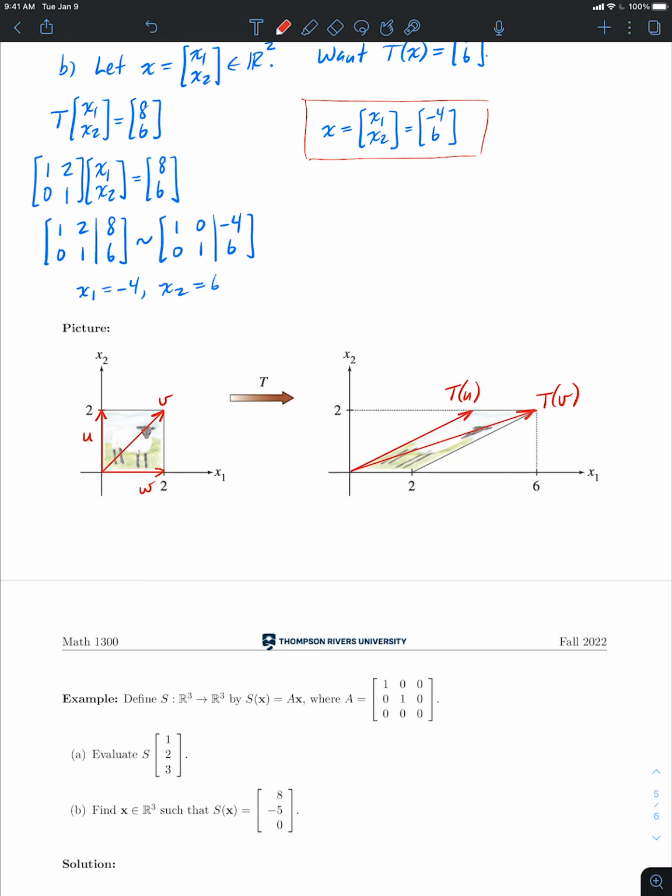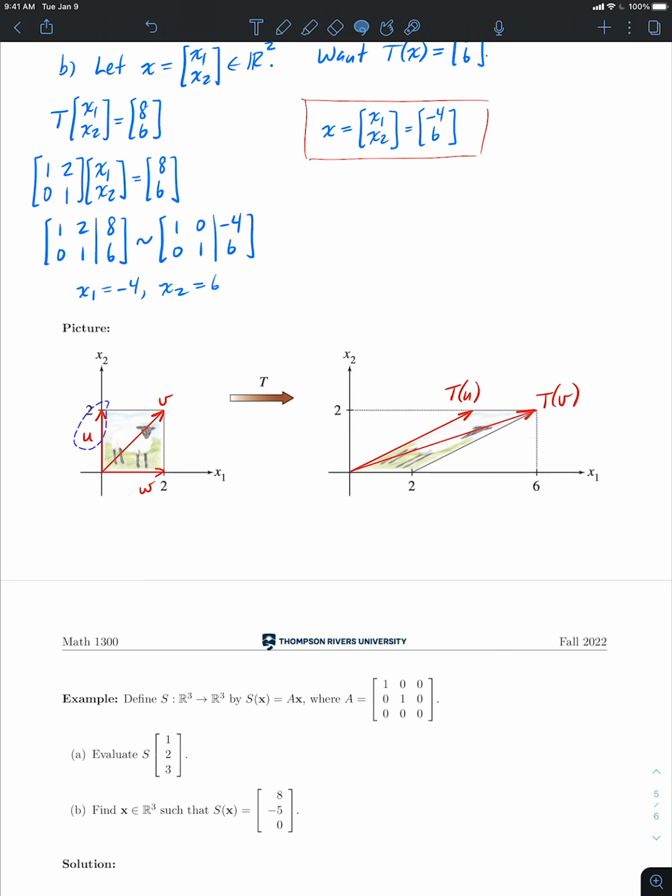Well, what else? And I shouldn't say not as far. Proportionally, it hasn't been pulled as far. So the x1 coordinate of this vector is 2, and it looks like it's been increased to 6, so it's been tripled.